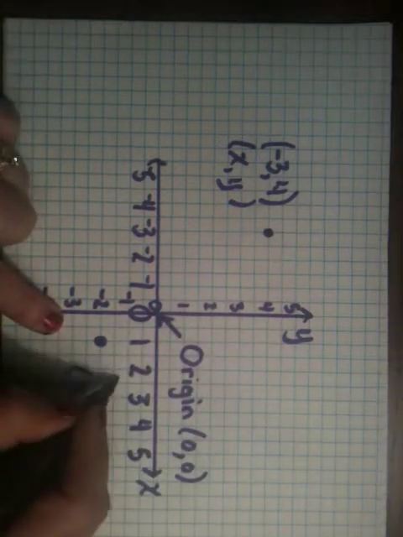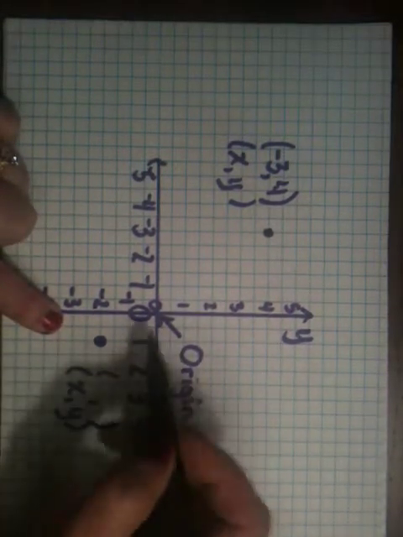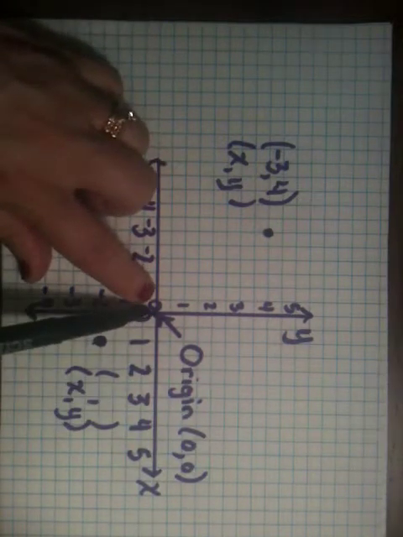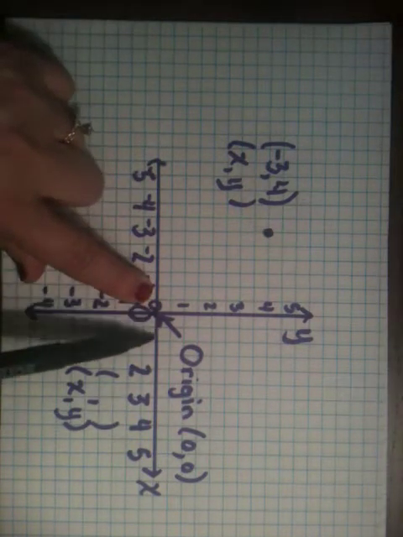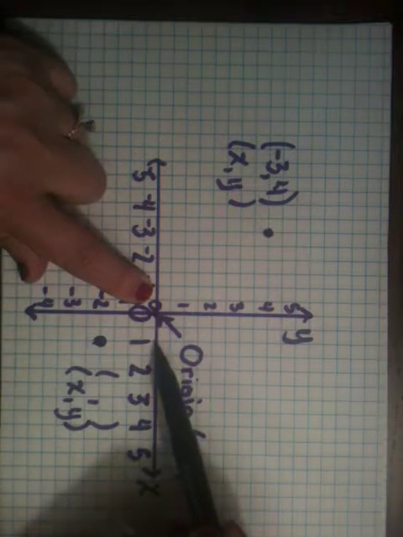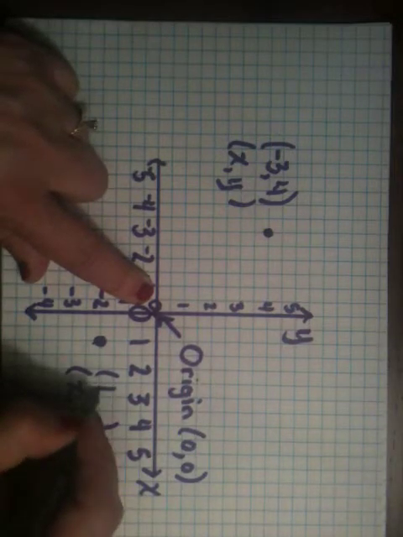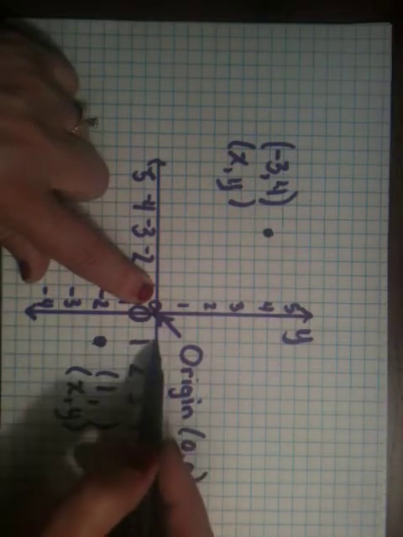And so let's record what we do as we travel from the origin to this point. First off, we travel along the x-axis, and we travel till we get to the positive 1.